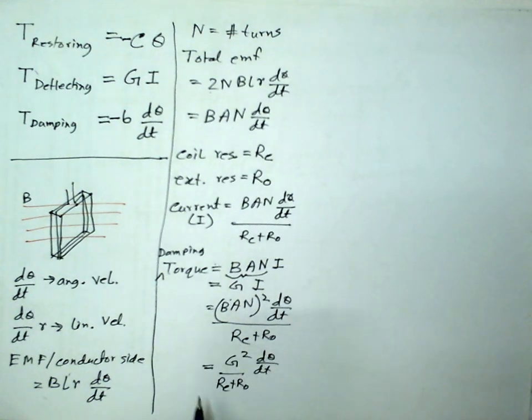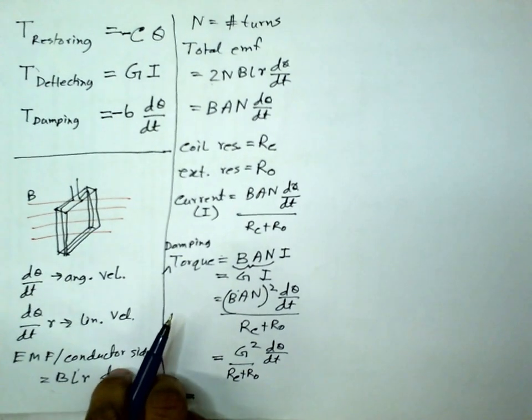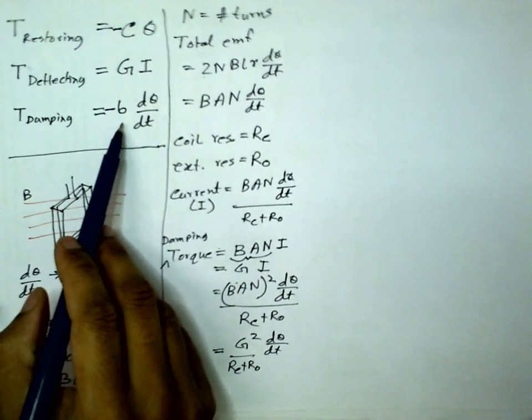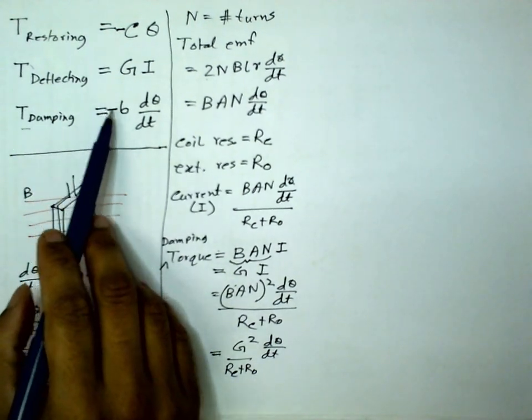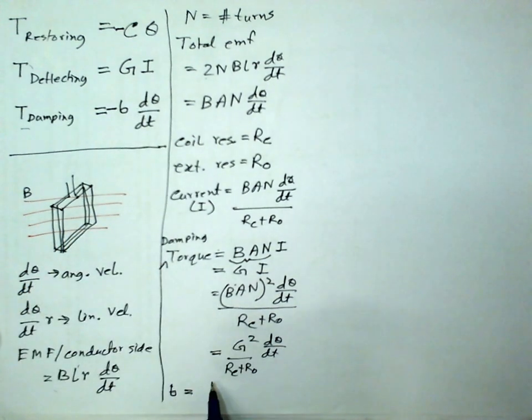Now if I consider the damping coefficient B, damping torque is some constant times this. So B then becomes this constant, G square by RC plus RO.